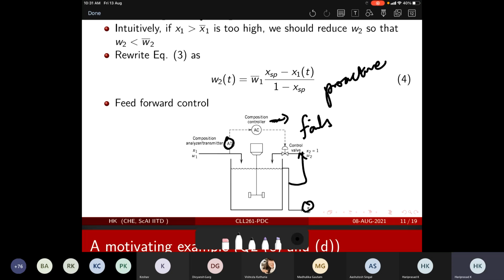So you expect that there is a change. Let's say your sensor somehow has given a wrong reading. It should have given you 0.5, but due to some malfunction you got 0.9. Then your reaction is that you are now proactively correcting.